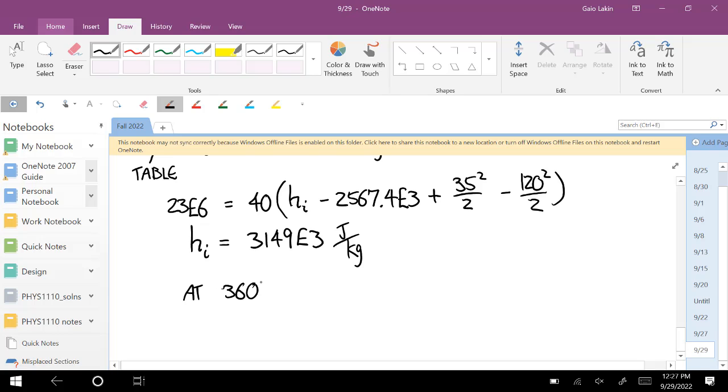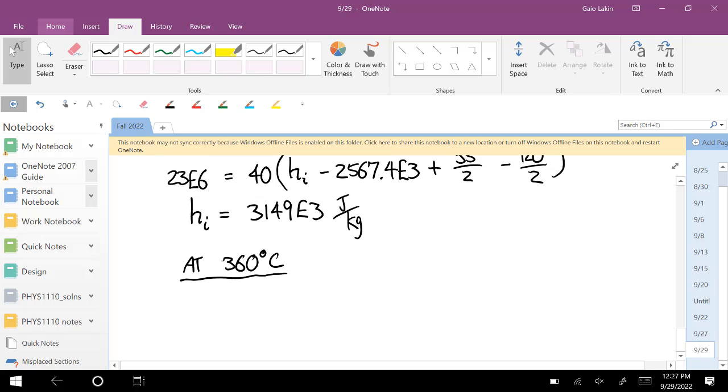So at 360 degrees Celsius, at a pressure of 2 megapascals, we have an enthalpy in the table of 3159.3 times 10 to the third.